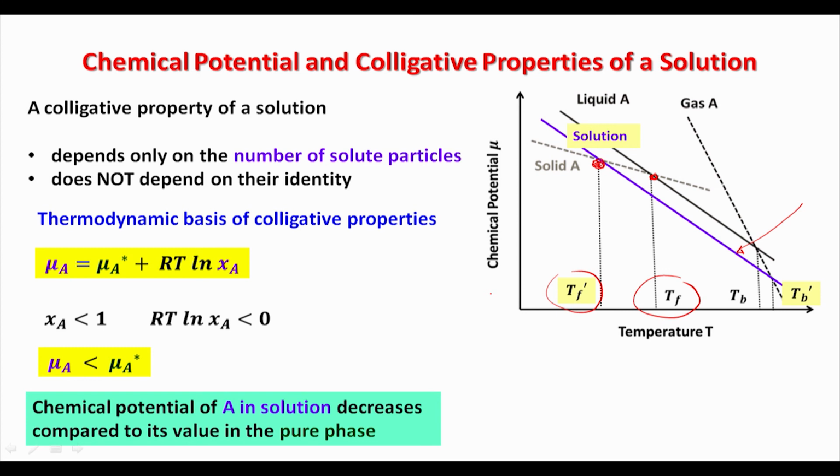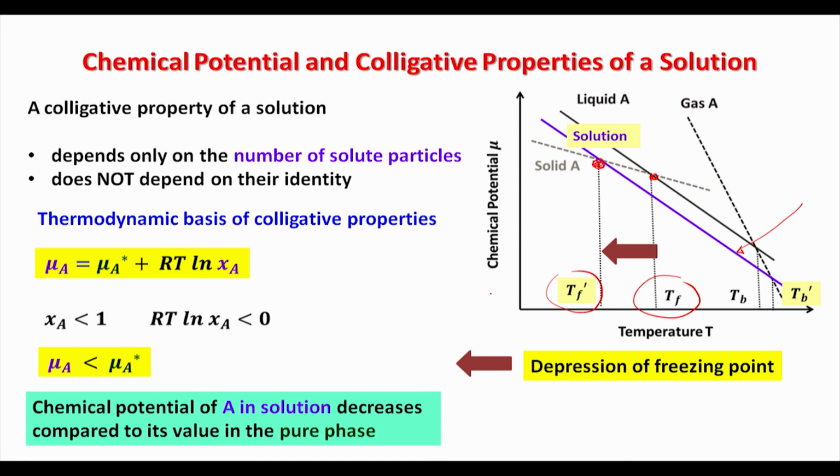And therefore, because of the presence of the solute in solution, Tf is now shifted to a lower value Tf prime. And this is the well-known colligative property which is known as the depression of freezing point.